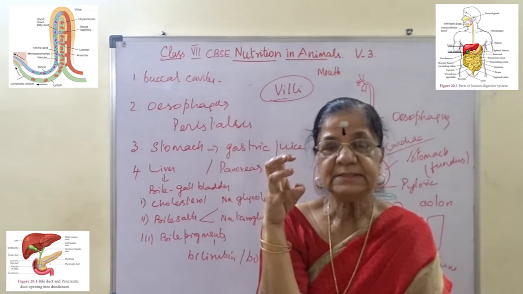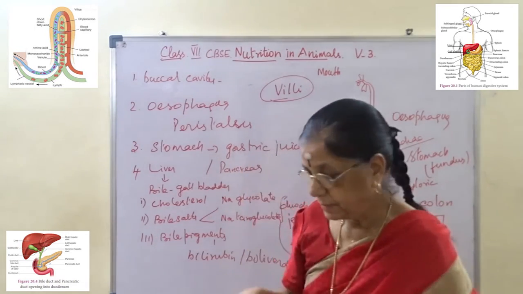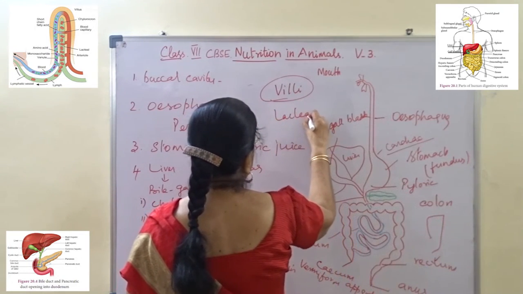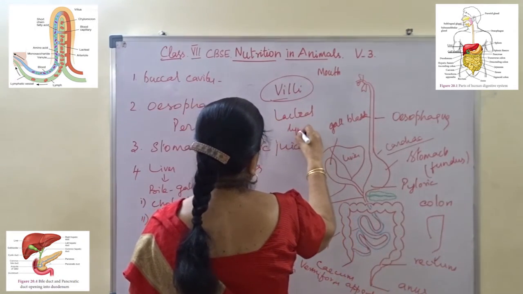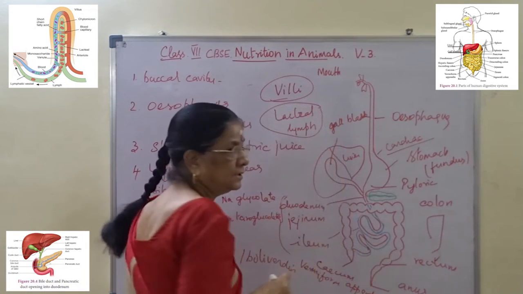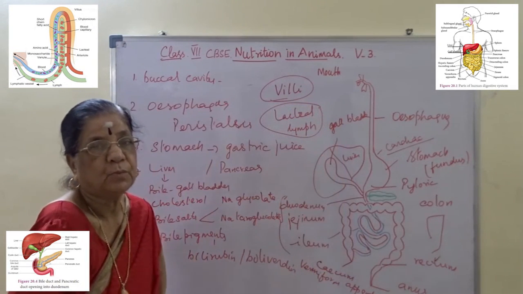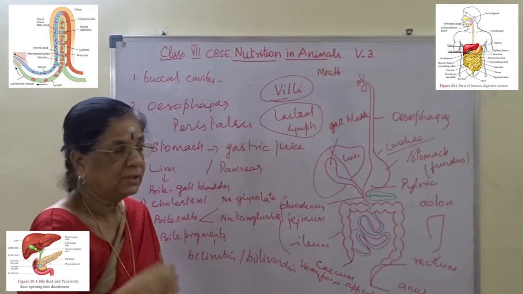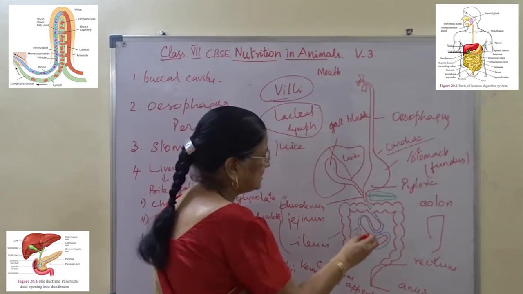Whereas the fatty substances are absorbed by the lacteal, which is a structure called lymph. Lymph is another fluid circulated in the human body where fatty substances are absorbed.